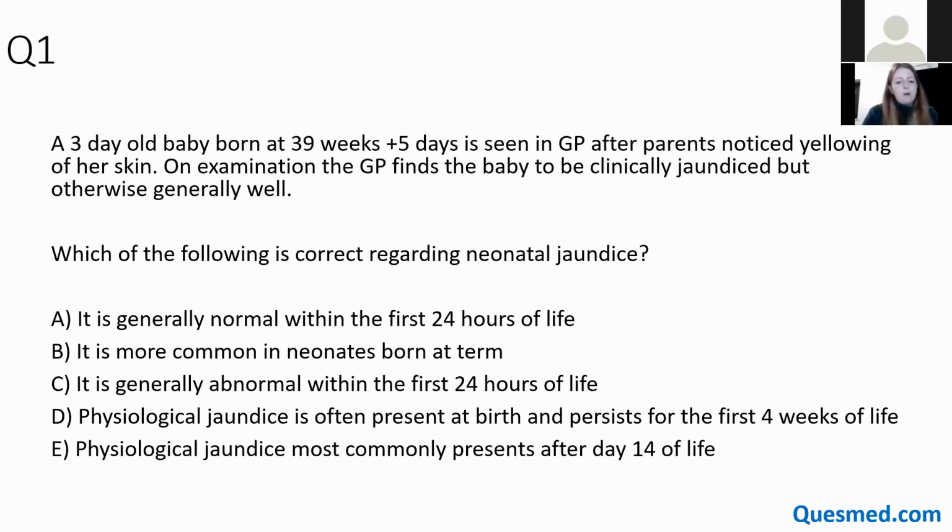B, it's more common in neonates born at term? C, it's generally abnormal within the first 24 hours of life? D, physiological jaundice is often present at birth and persists for the first 4 weeks of life? Or E, physiological jaundice most commonly presents after day 14 of life? So I'll give you a few moments to think about your answer.